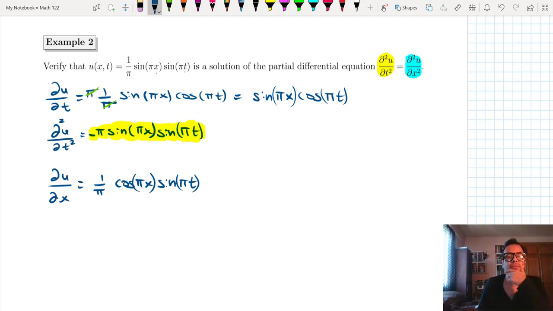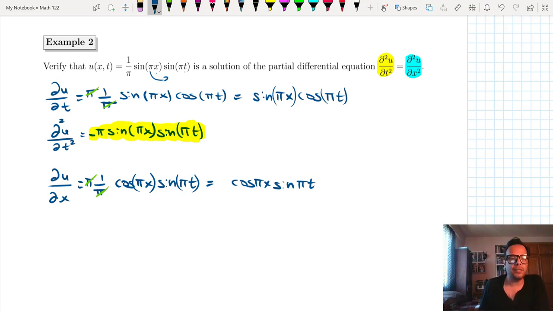Okay, so when we differentiate this sine with respect to x, there will be a mini chain rule multiplying by pi right here that actually cancels with the given coefficient we had at the beginning, just the same way with the partial derivative with respect to t. Very similar, this will be cosine pi x sine pi t.